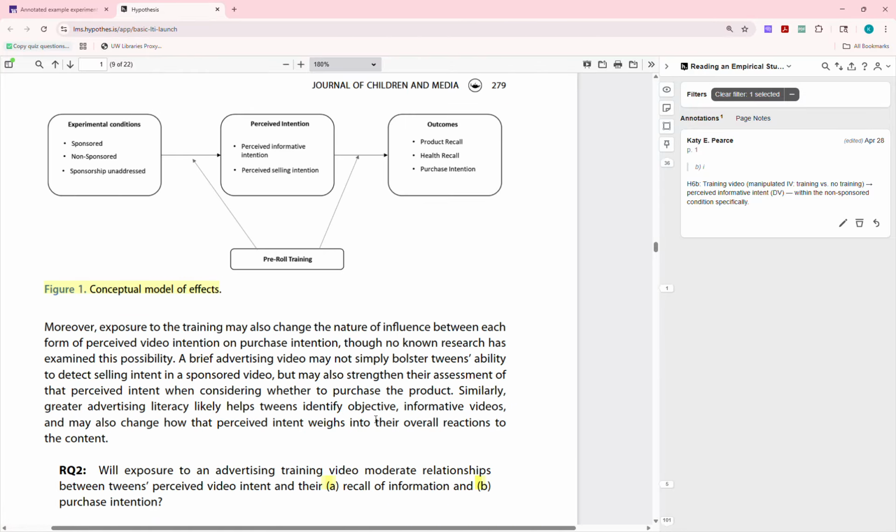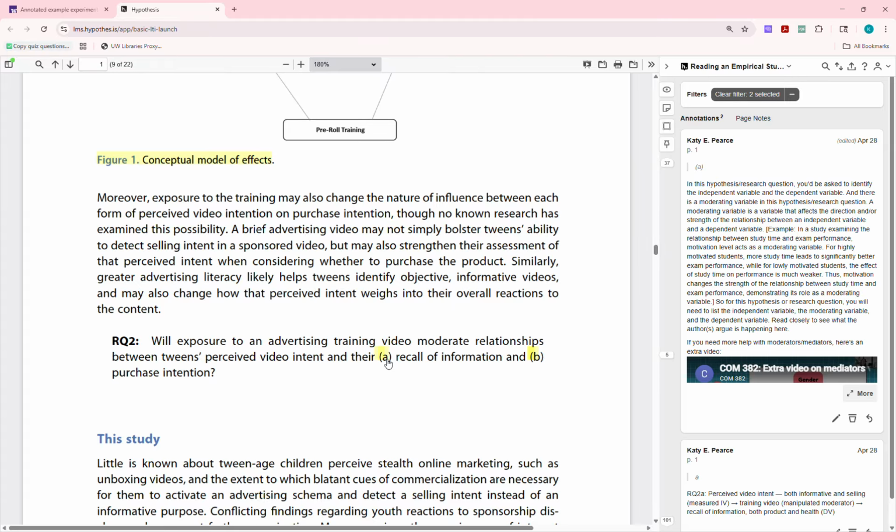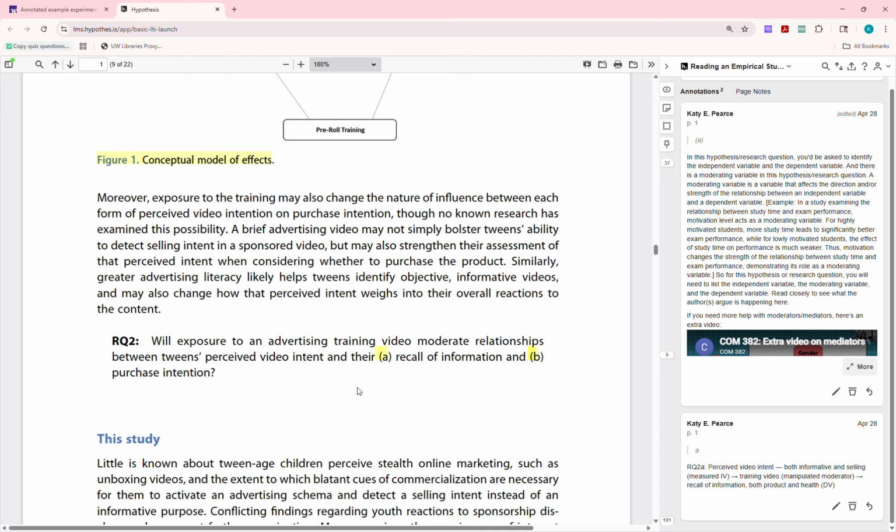Okay, so then we have RQ2 down here, and there's an A and a B. Will exposure to this training video moderate relationships between tweens' perceived video intent and their A, recall of information, and B, purchase intention? So here they're saying that the kids, when they were asked about, do you think it's selling stuff to you?